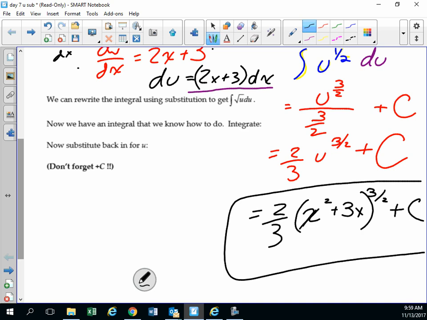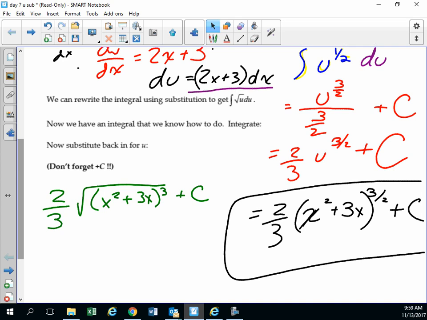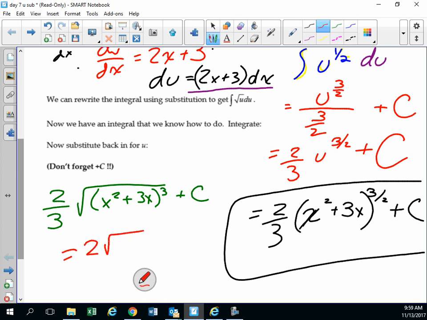By the way, that is the exact same thing as saying 2/3 times the square root of x squared plus 3x quantity cubed plus c. Which is the exact same thing as saying 2 times the square root of x squared plus 3x quantity cubed all over 3 plus c.